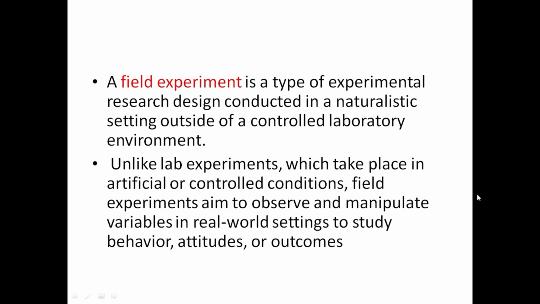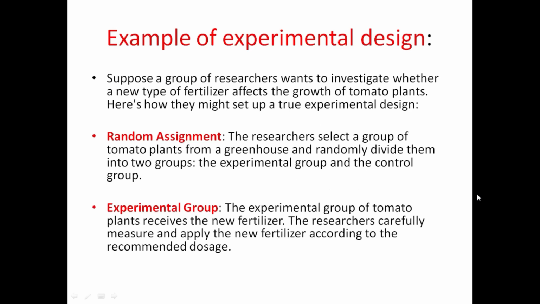In this case, the researchers don't have full control of the environment or the variables. Unlike a lab experiment, which takes place in artificial or controlled conditions, a field experiment aims to observe and manipulate variables in real world settings to study behavior, attitudes or outcomes.